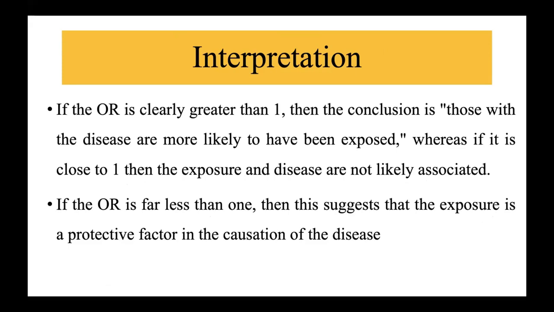A similar question you asked when we were doing the cohort study. So the number 1 is very important. If it is greater than 1, then there is exposure association. If it is equal to 1, then the exposure and the disease are not likely to be associated. And if it is less than 1, the exposure is protective.